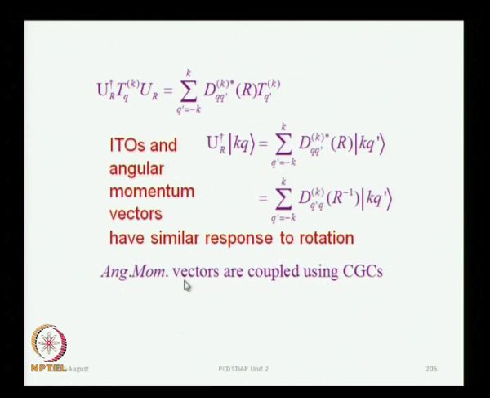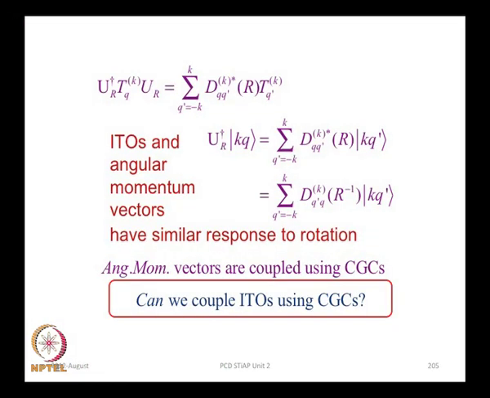Now, let us plug in another fact that we have learnt, that angular momentum vectors are coupled using Clebsch-Gordan coefficients. We know that. We have learned how to handle this. May we then ask if it is possible to couple irreducible tensor operators using the Clebsch-Gordan coefficients. Okay.